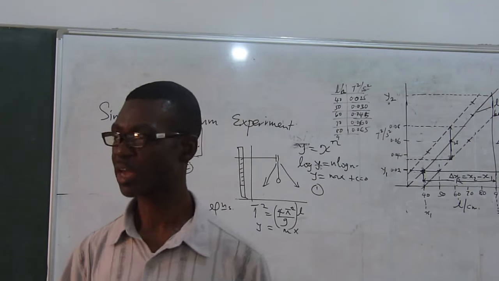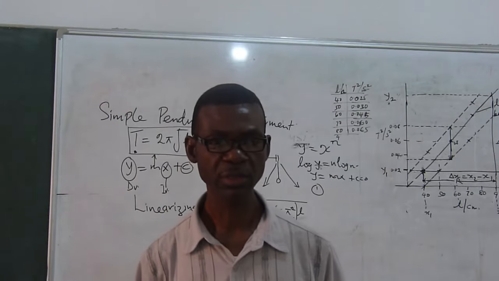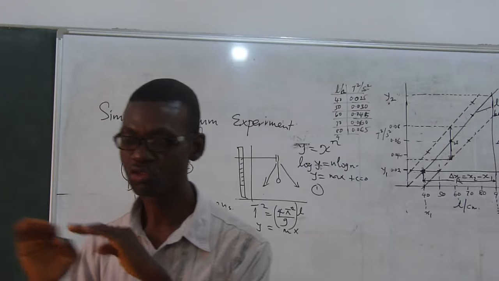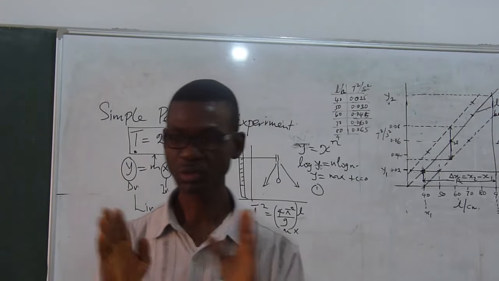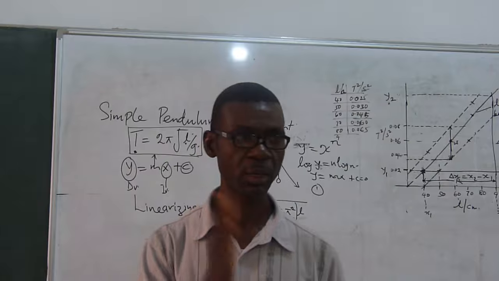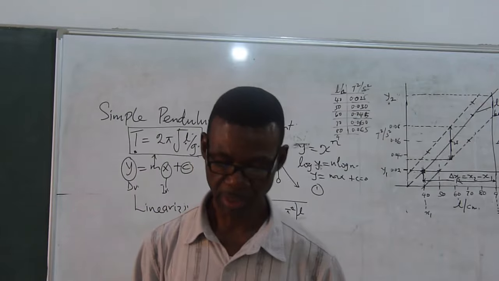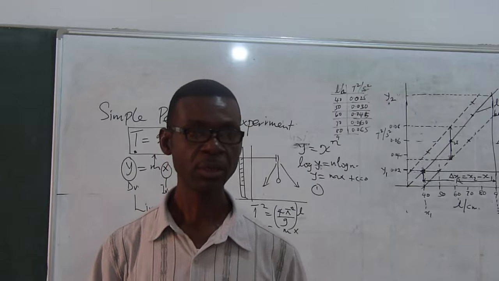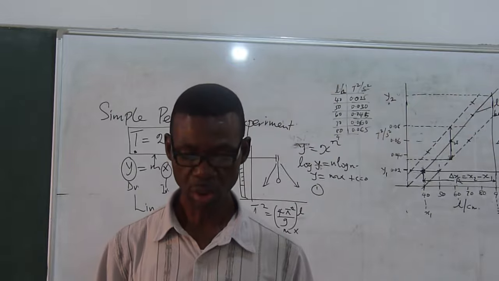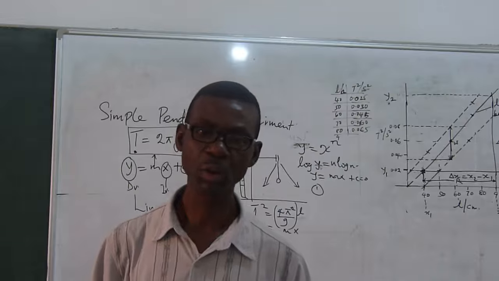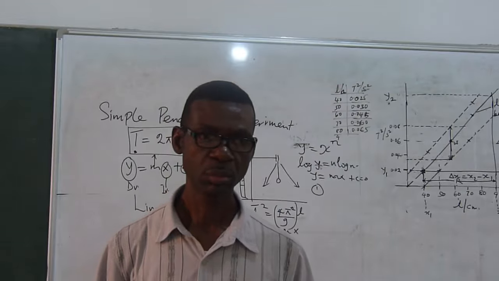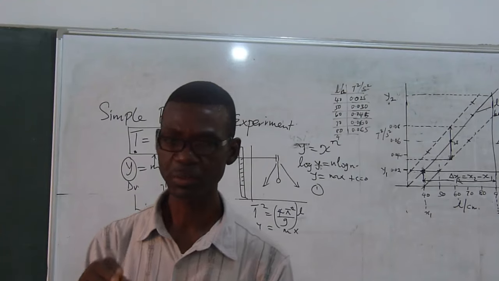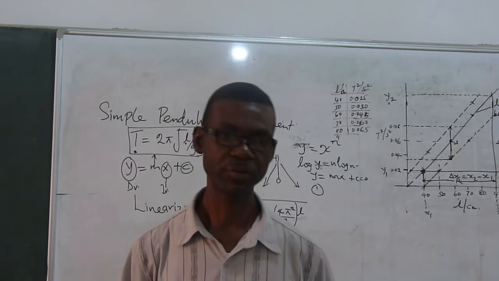When you are tabulating, your table must be a straight table, not cut or segmented. That's what we call a composite table. Then in some cases, you may not even have to have a table. There are some experiments, especially in optics, where we just take measurements, then we take the average.